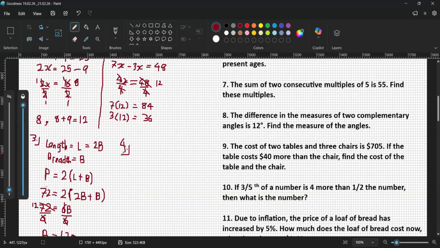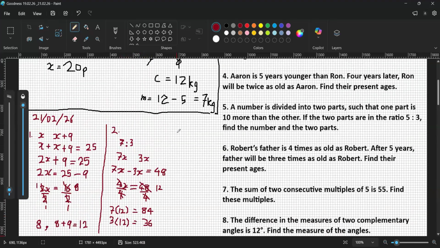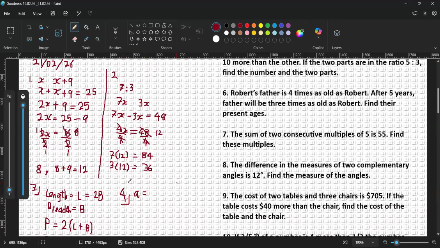Number 4 says Aaron. So I told you, remember in mathematics, it means equals to. It's represented as equals to. So Aaron is 5 years younger than Ron. So that means A is equal to R minus 5.